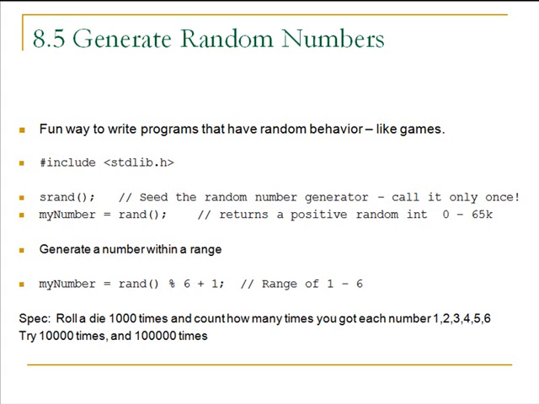For example, if you're generating a random number that represents the roll of a die, you would say modulus 6 plus 1. And we'll look at how this works in the development environment. It's just more fun to watch the code do something, and it also gives you more confidence that it's doing what you expect. So let's go and make a small project to play with generating random numbers.